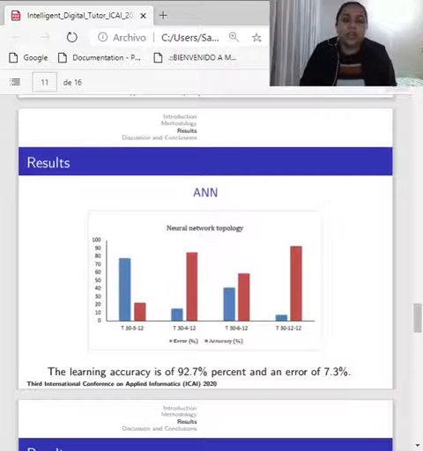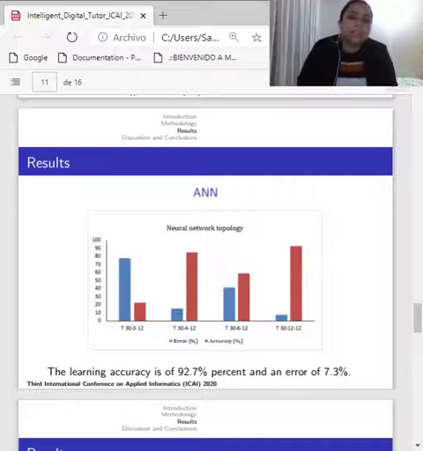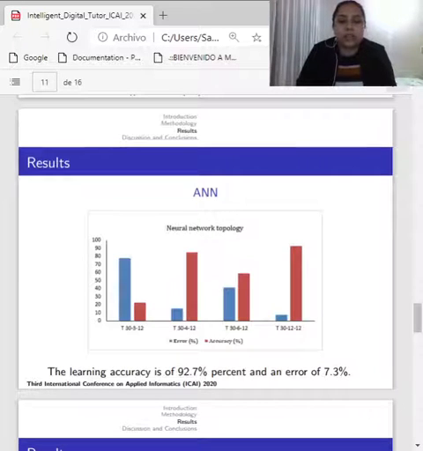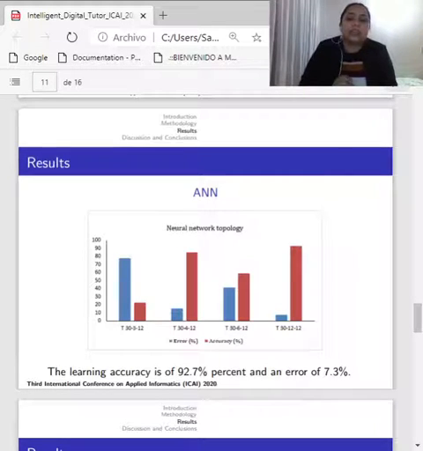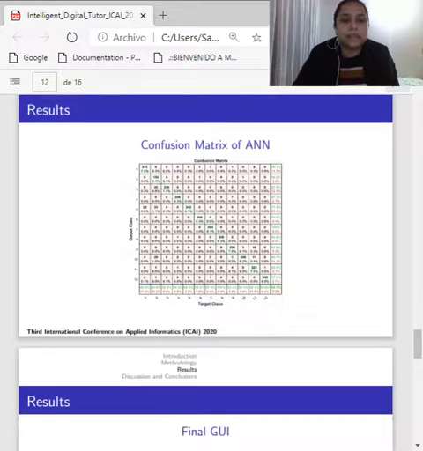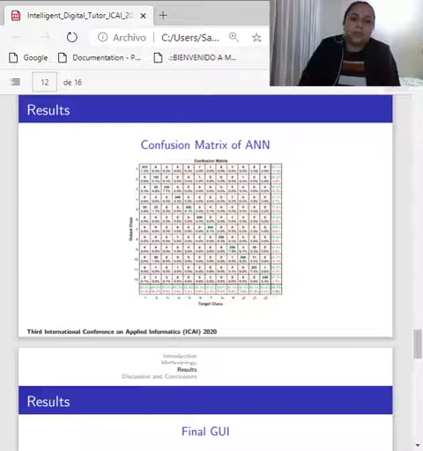Results using 3, 4, 6, 12 neurons respectively allow us to define the network topology that generates greater precision in prediction. It is the 30, 12, 12 network, which corresponds to input neurons, neurons in the intermediate layer, and neurons in the output layer.